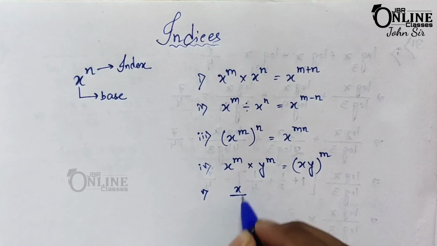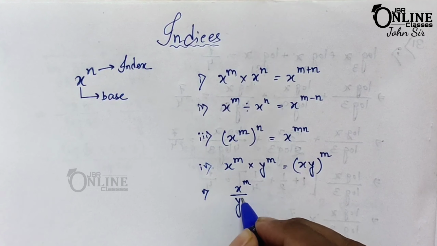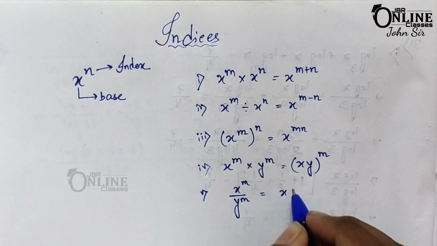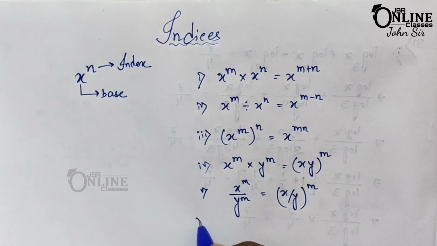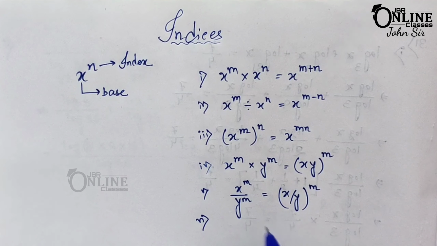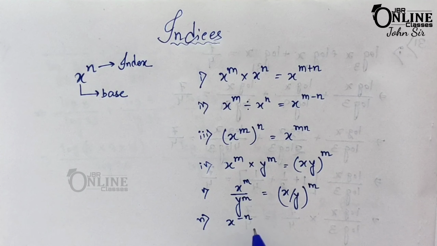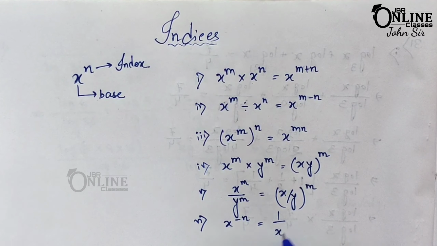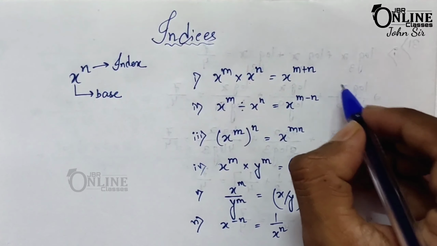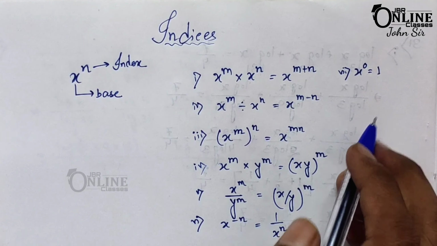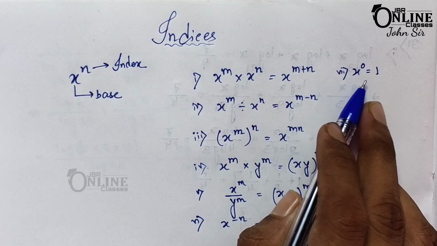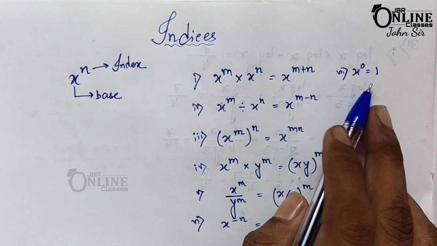Same for division: if x to the power m divided by y to the power m, then it will be x by y whole to the power m. Clear? Now next one, number 6: x to the power minus n equals 1 by x to the power n. Next, 7: x to the power 0, that means if the power of any real number equals 0, then the value is always 1.